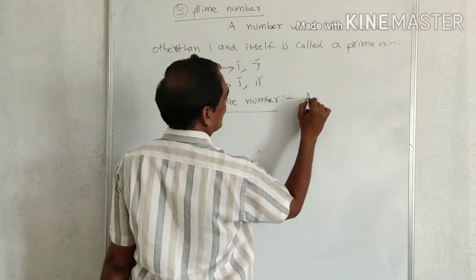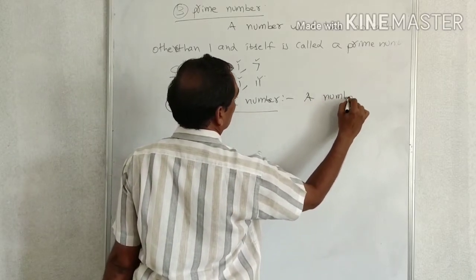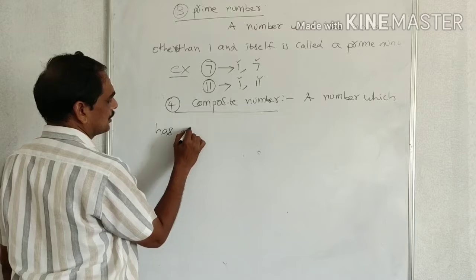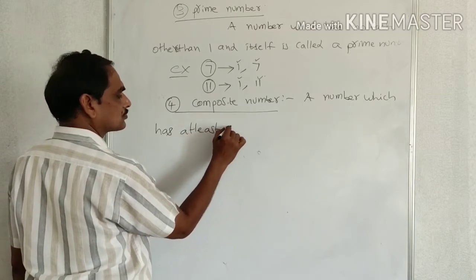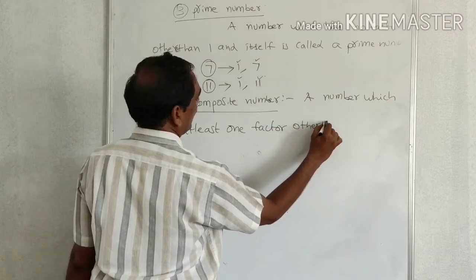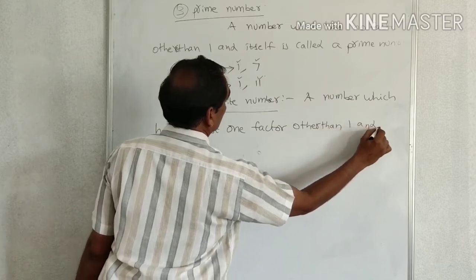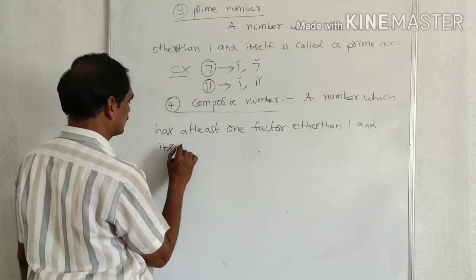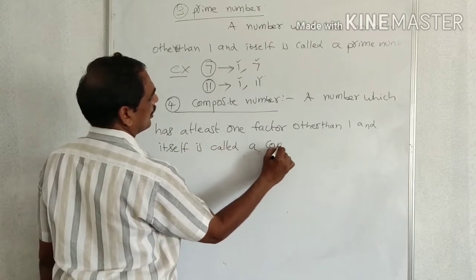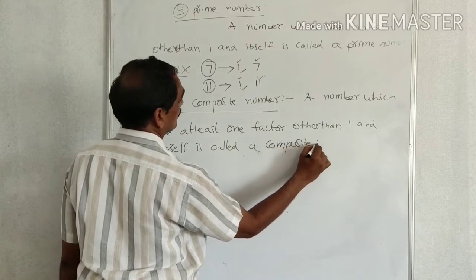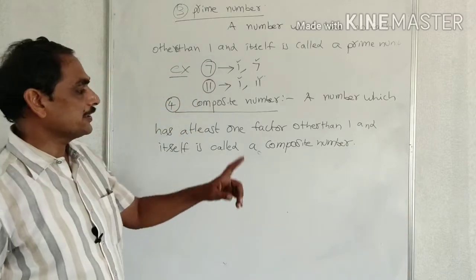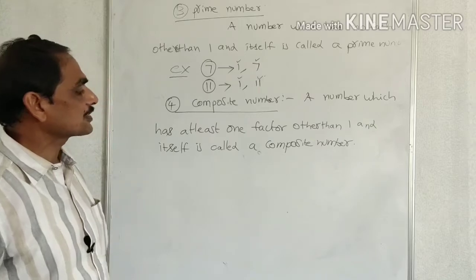So we write this as a number which has at least one factor other than 1 and itself is called a composite number.